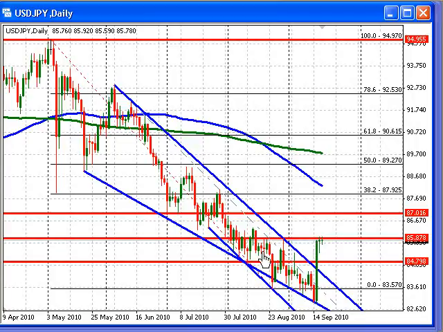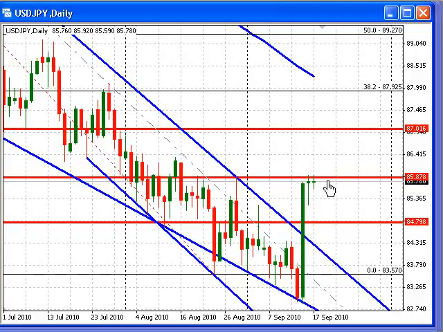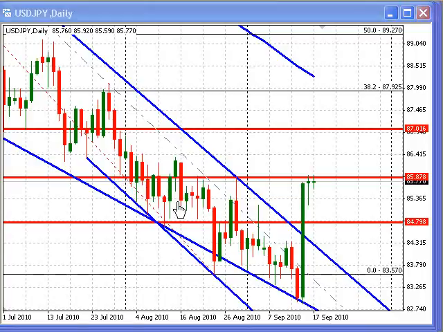The move above that level has run into a little bit of resistance at these high levels, at the 88 level. This high going back to the end of August was at 88. We had other highs here. This came in at 90. So this is one of those remembered prices that I like to find in the graphs. So this is going to be obviously a key level for the dollar versus yen.